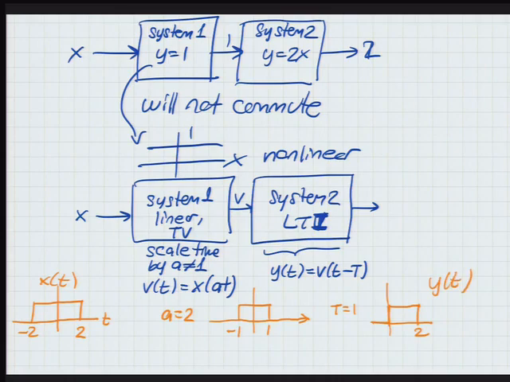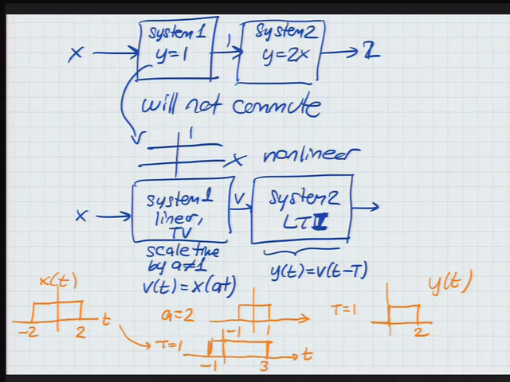Let's now change the order. Okay, let's see if I can squeeze this in. Now let's take the signal, delay it by 1. Okay, what do I get? It's going to look like a pulse that starts at -1, lasts until 3. Agree?